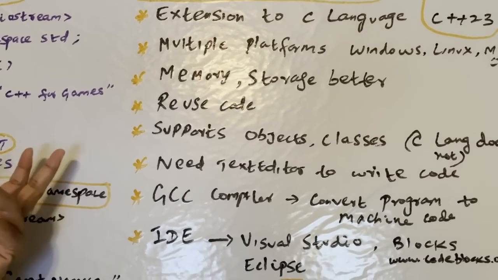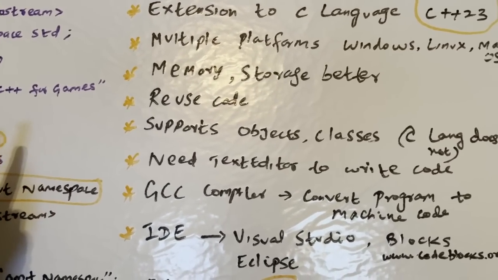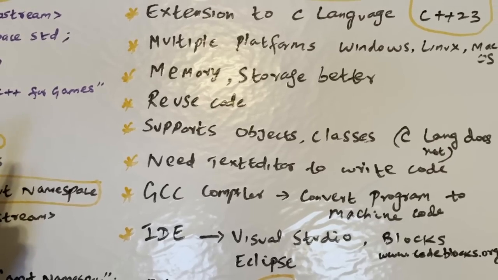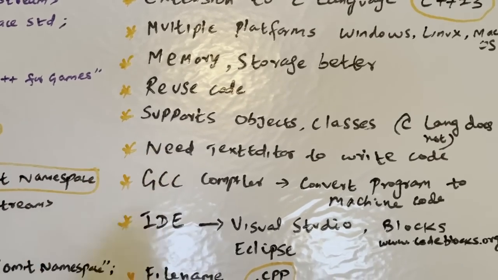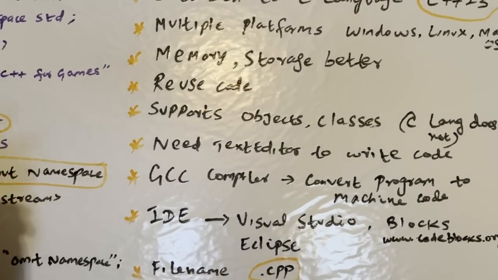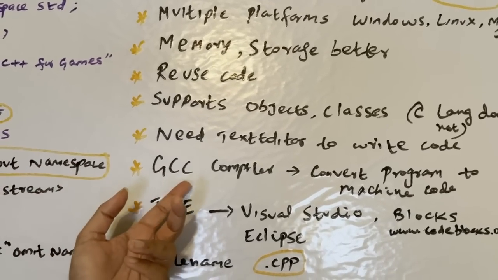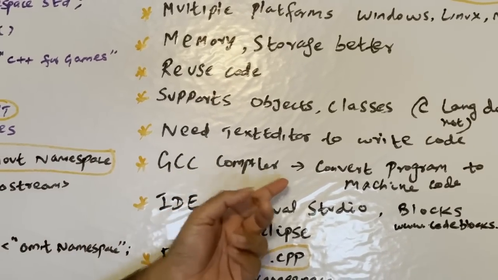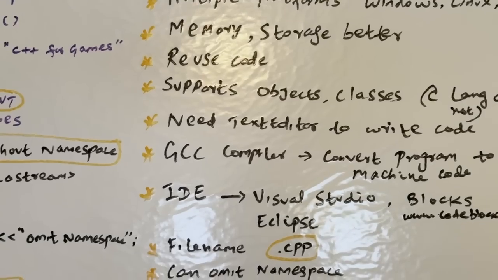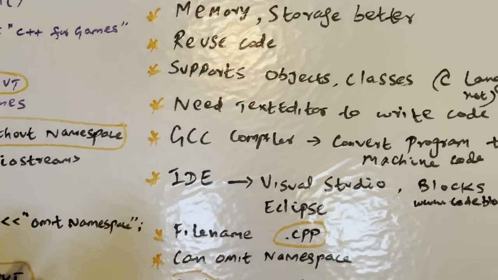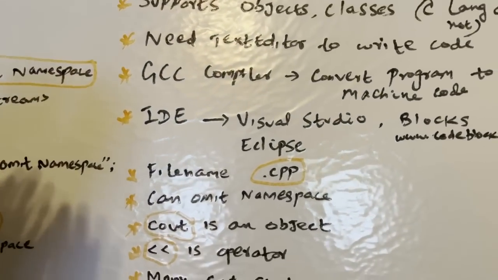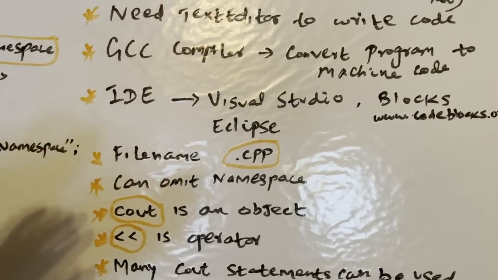As with any language, you need to have a text editor to write the code. And how it's compiled: it uses the GCC compiler to convert the program to machine code. Any program you write, something has to be in between to convert it to machine code which the computer can understand.